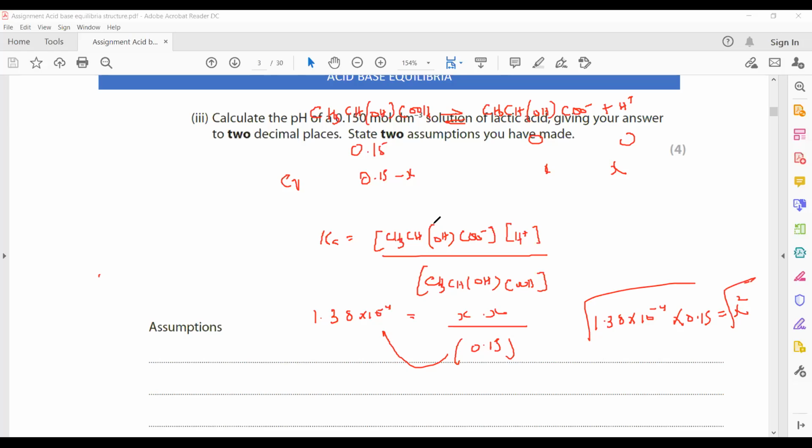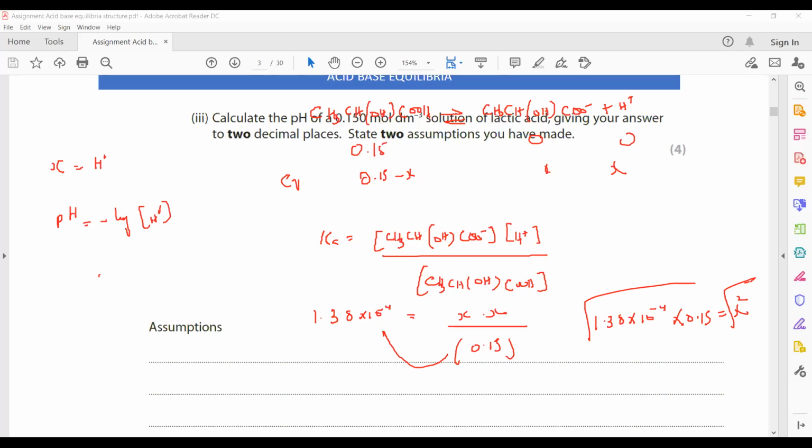What's the final answer for X first? X is the concentration of hydrogen ion. And after getting the concentration of hydrogen ion, pH is equal to minus log of hydrogen ion concentration.